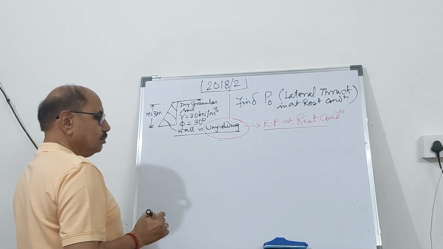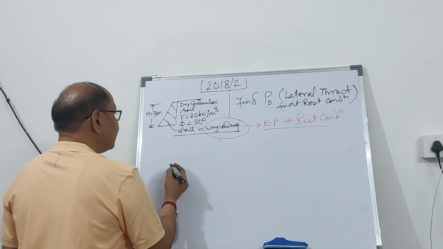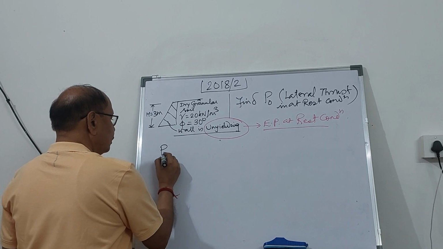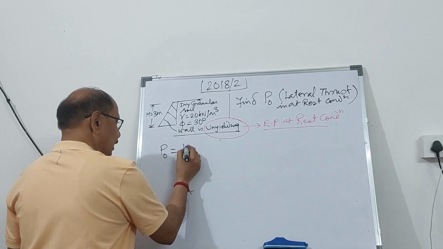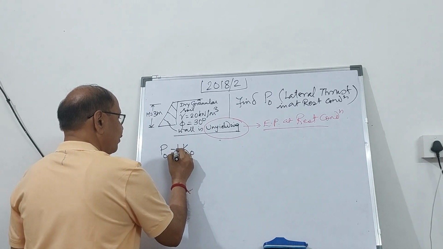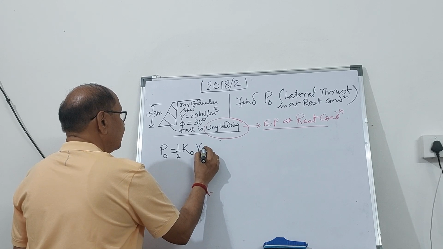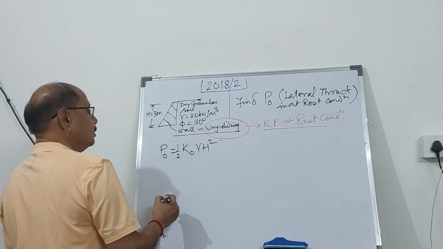So very simple problem, with the given data you can easily find it out. So what will be the value of P naught? The wall is not going to move at rest. So P naught is half K naught gamma H square.